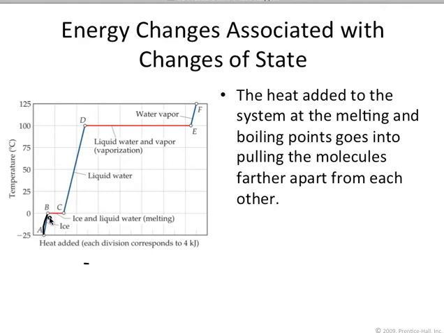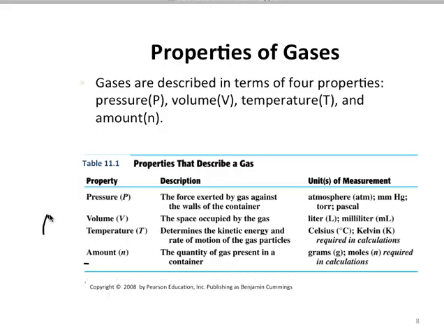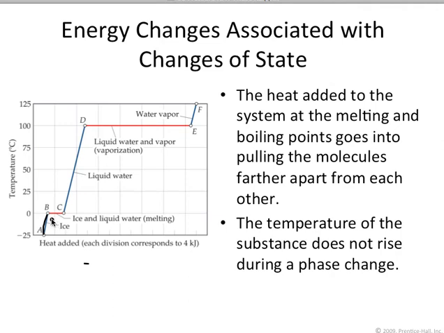I'm heating up that ice cube until I hit 0 degrees Celsius, and this is assuming atmospheric pressure, or 1 atmosphere. So I'm affecting the kinetic energy. I'm making those particles move faster within their fixed positions until I hit the melting point of 0 degrees Celsius for water.